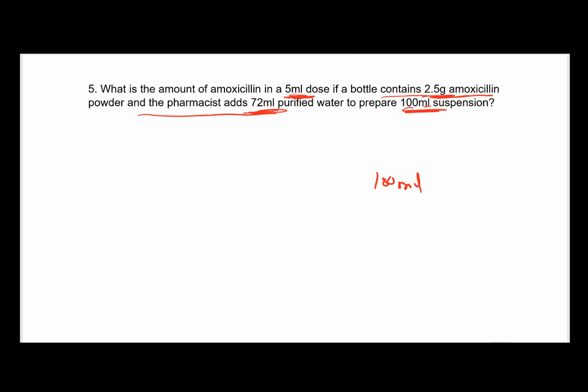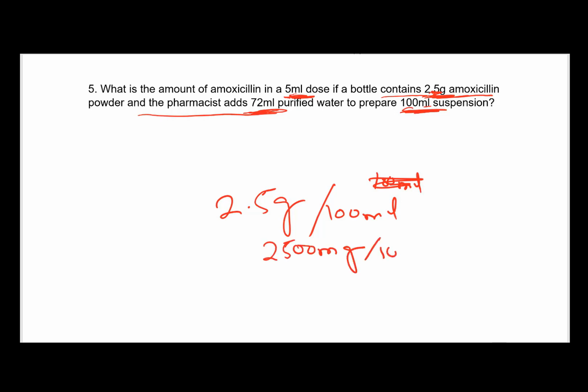The final volume we have is 100 mils, and the amount of drug present in this 100 mils is 2.5 grams. Remember, when you're dealing with displacement values, the amount of drug remains the same. So it's 2.5 grams per 100 mils, which means 2,500 milligrams per 100 mils.